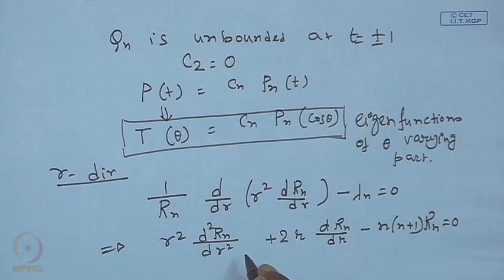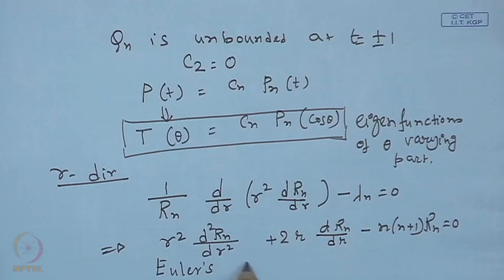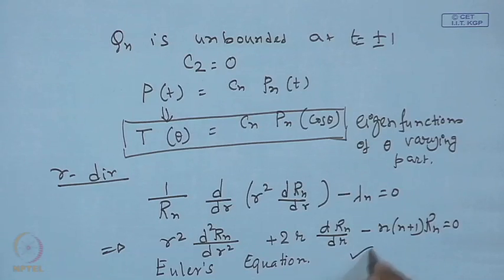Now, if you recognize, this equation is nothing but Euler's equation. When we were discussing the special ordinary differential equations, we discussed the Bessel equation, the Legendre equation, and the Euler's equation. So, this is an application where Euler's equation comes into play.